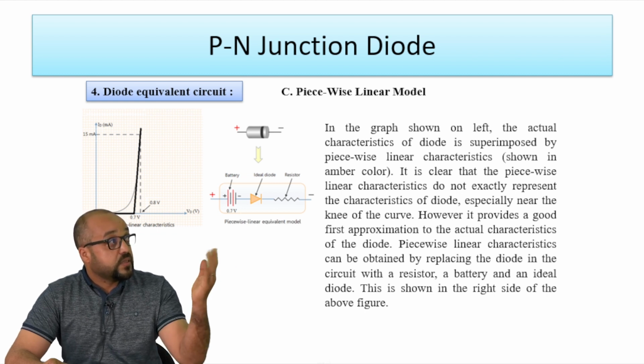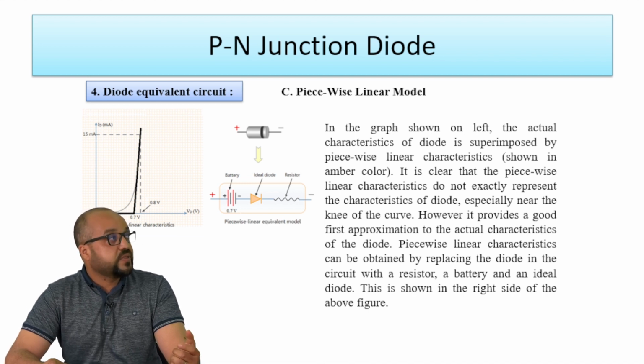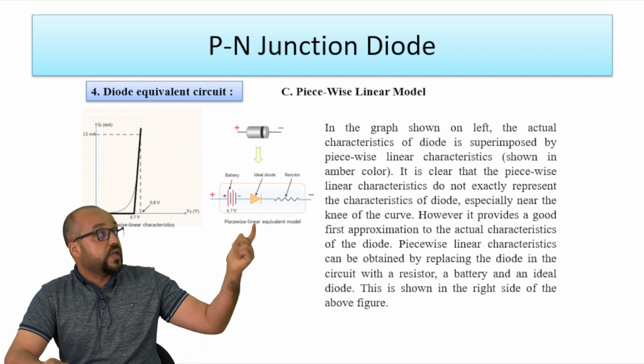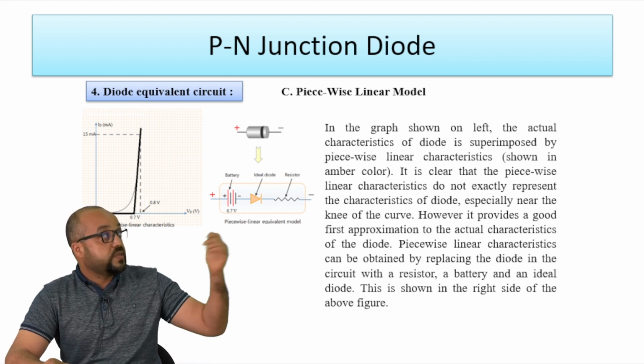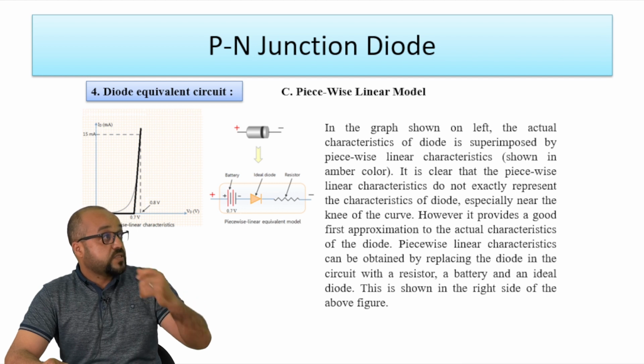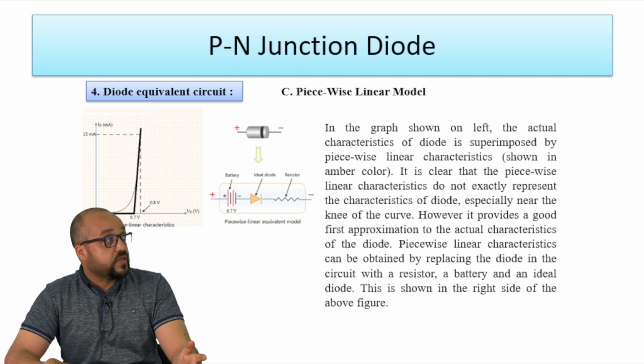It's clear that the piecewise linear characteristic does not exactly represent the characteristics of the diode, especially near the knee of the curve. However, it provides a good first approximation to the actual characteristics of the diode. The piecewise linear characteristics can be obtained by replacing the diode in the circuit with a resistor, a battery, and an ideal diode, as shown in the right side of the above figure.